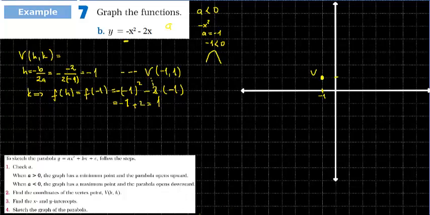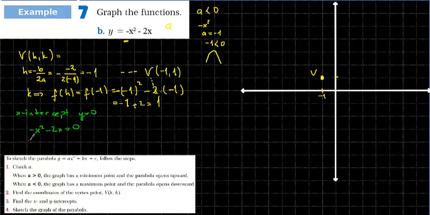Okay, the third part of the question says to find the x and y intercepts. For the x intercept, if you remember, I said y is equal to 0, which means minus x squared minus 2x is equal to 0.